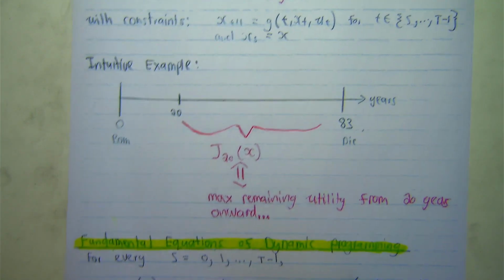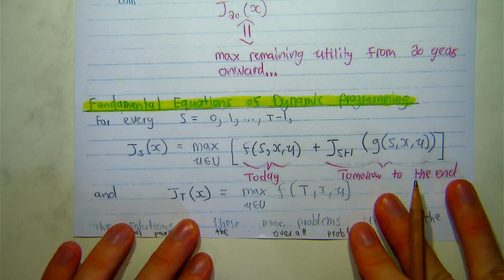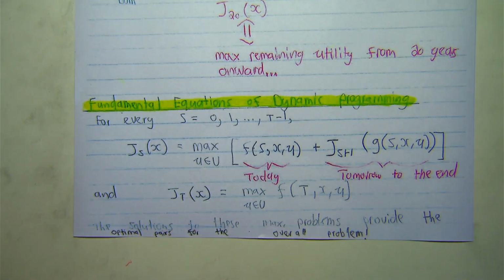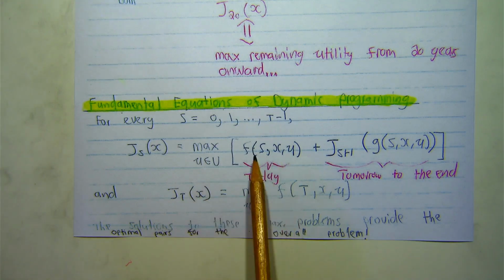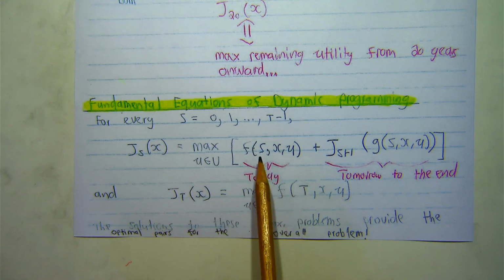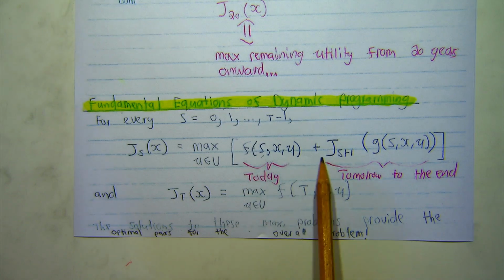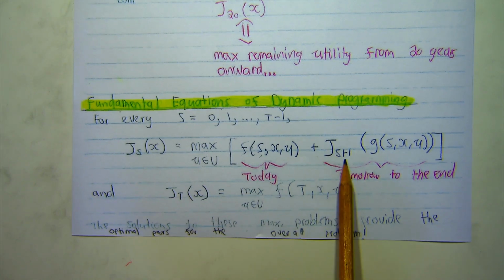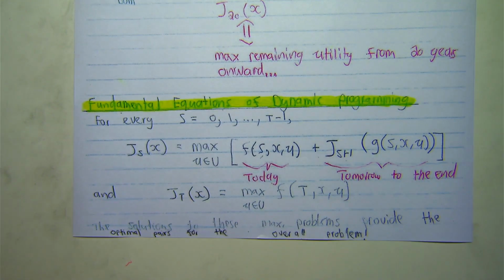Okay, and the way that we practically do that is by using the fundamental equations of dynamic programming. And that is that the value function is equal to the max control variable here of your smaller objective function at time S plus Js plus 1. That's it.